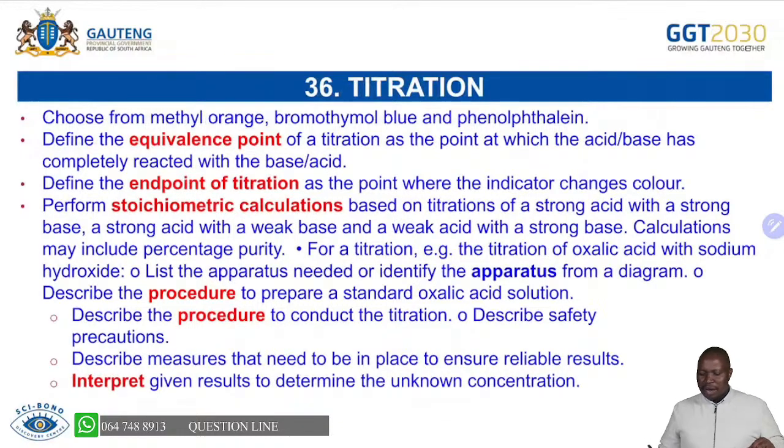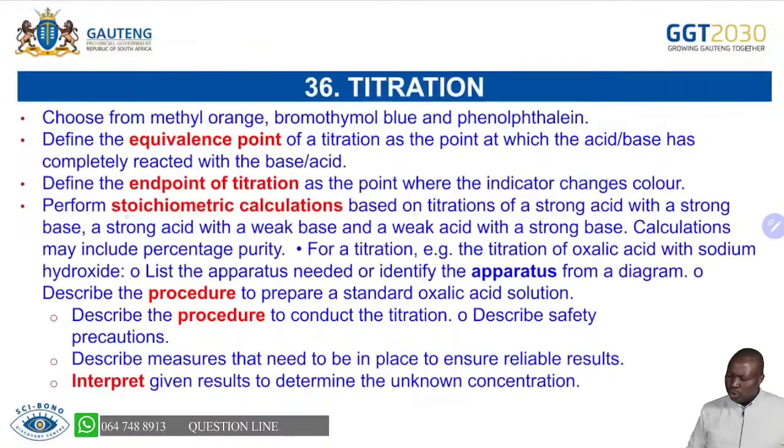What do I mean by that? The end point, you are able to see by the color change. But what is happening at the end point? All the acid has completely reacted with the base, which is what we call the equivalence point. So you must not confuse end point with equivalence point.